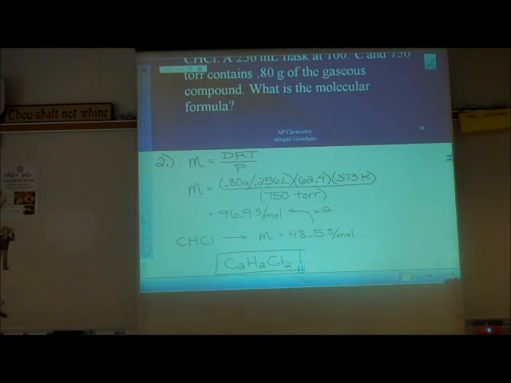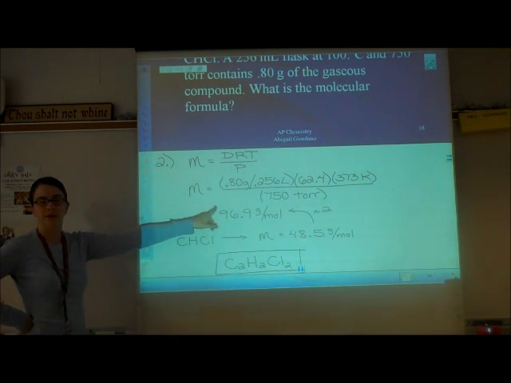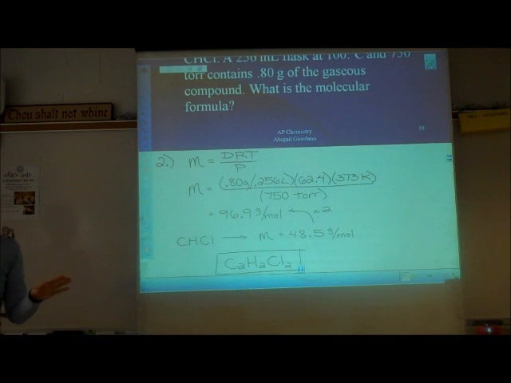All of that information in the problem, the mass, the volume, the temperature, the pressure, that all related to the molecular formula. Okay? I was able to find the molar mass, and remember, you're going to see this combination a lot. Anytime a problem gives you an empirical formula and asks you for the molecular, what they're really asking you to find is the molar mass, which I did.